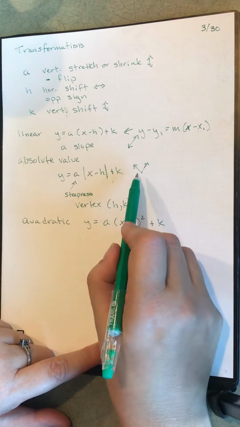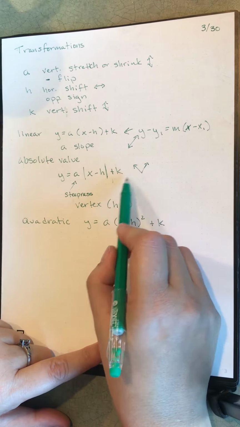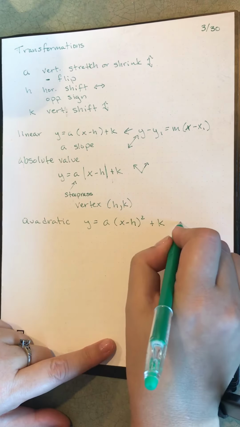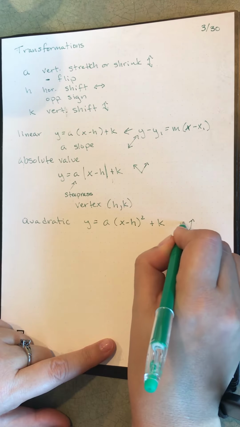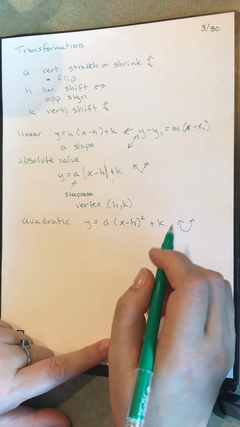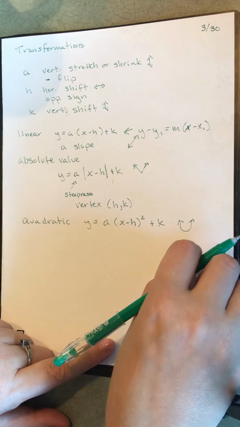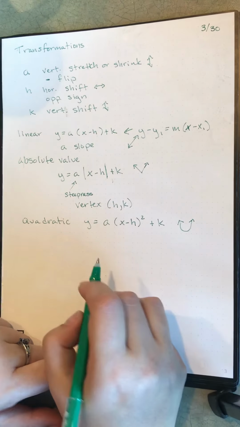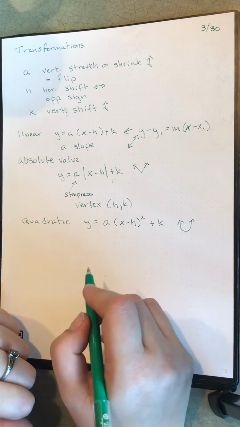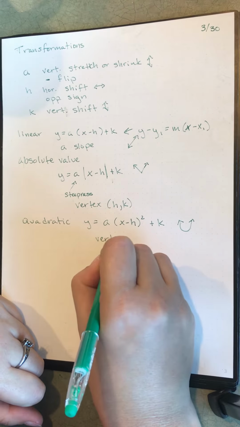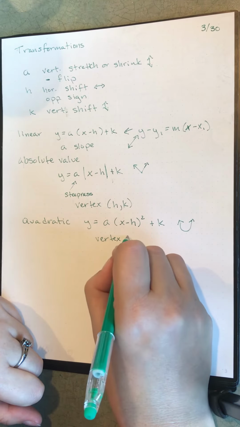It's not as direct as here because this is more close to the slope, and here it's going to have that curve to it. But generally speaking, it's going to tell us, is it a tall skinny parabola or is it a short squat parabola? And then our vertex is at (h, k).